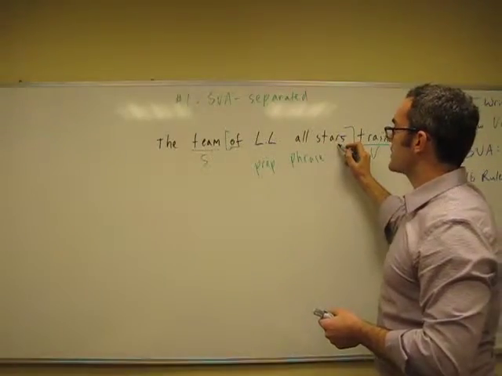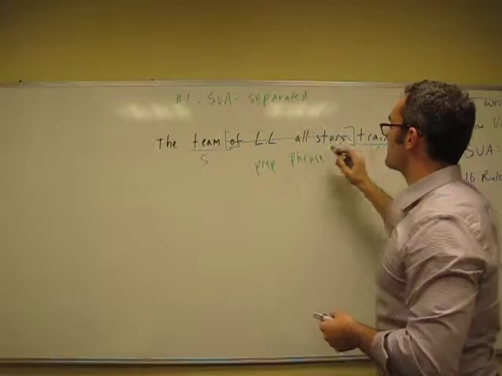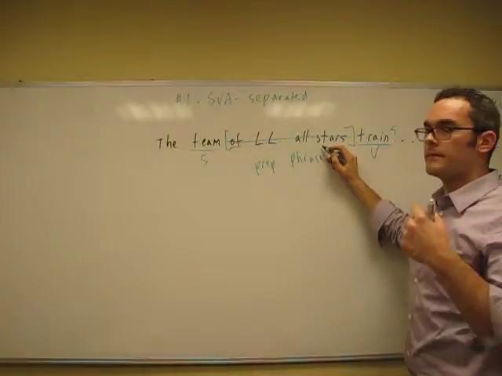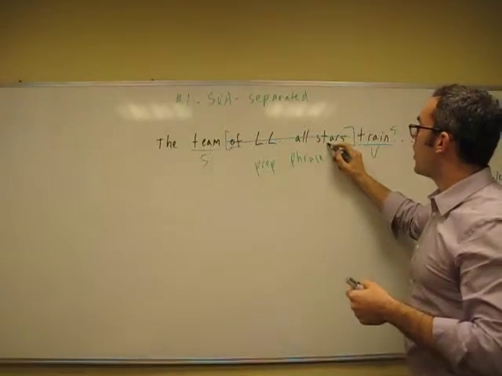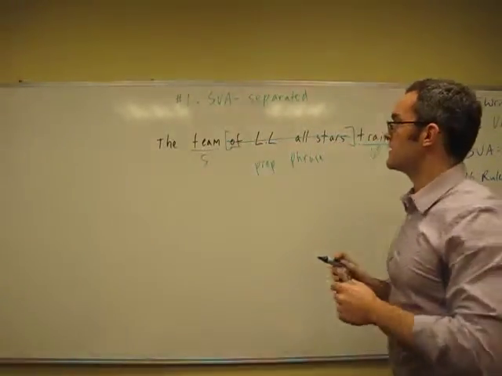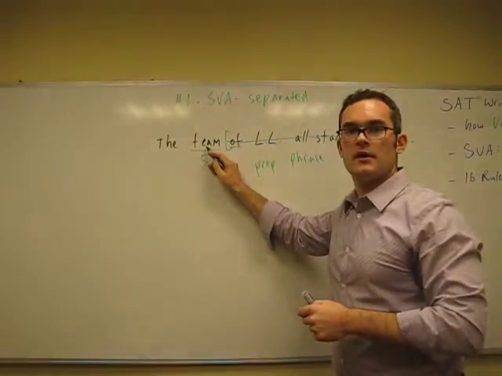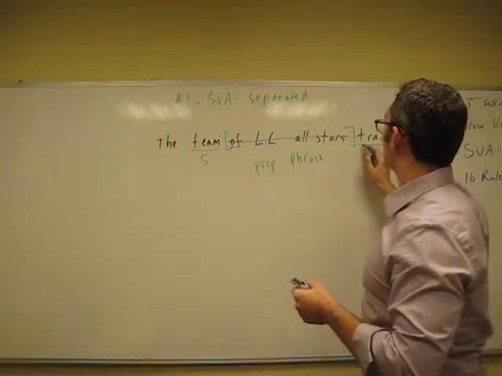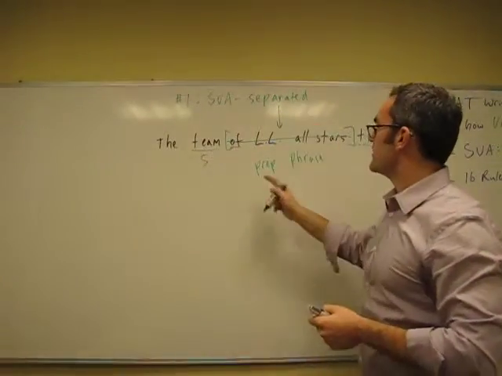But this all-stars cannot be the subject because it's part of the prepositional phrase. So even though a student somewhere subconsciously might register all-stars train, that sounds good. The real subject of the sentence is team. And the error is masked by the fact that the subject and the verb are separated, in this case by a prepositional phrase.